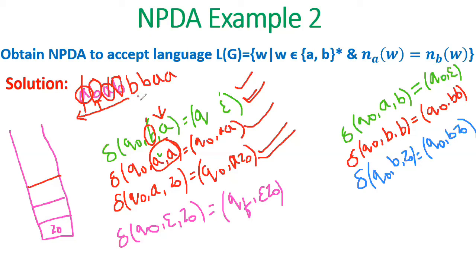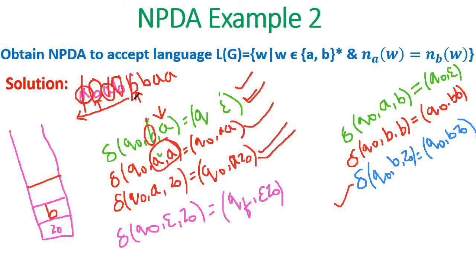Okay. Now we'll come back to this again. Now what is the new symbol you have? B. And what is on top of the stack? Z0. So now instead of these transitions, we'll go for this transition. That is, B is the new symbol and Z0 is on top of the stack. So you push that B onto the stack. Now you can see this set of transitions is under process.